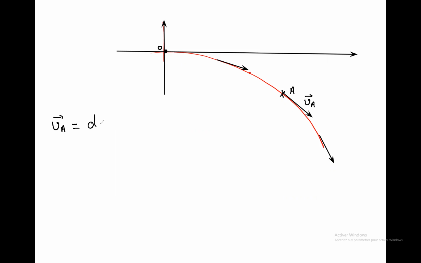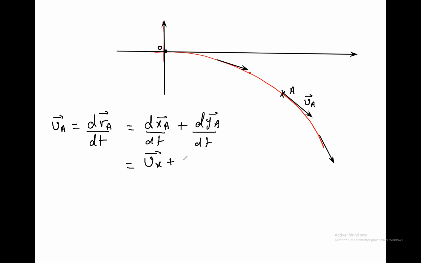VA equals delta RA divided by delta t, as we said, equals delta XA over delta t plus, I don't want to repeat, delta YA over delta t, equals Vx plus Vy.